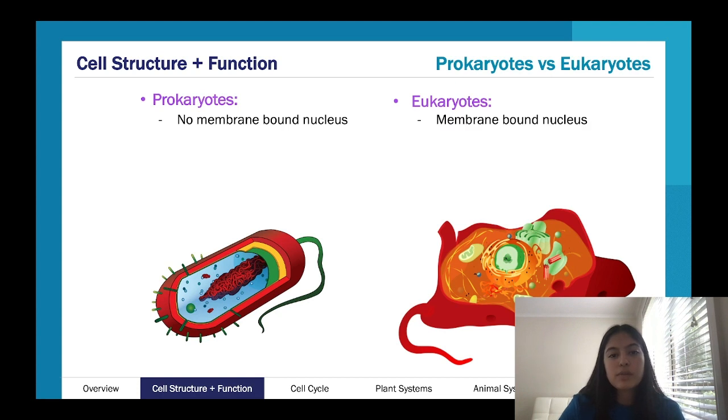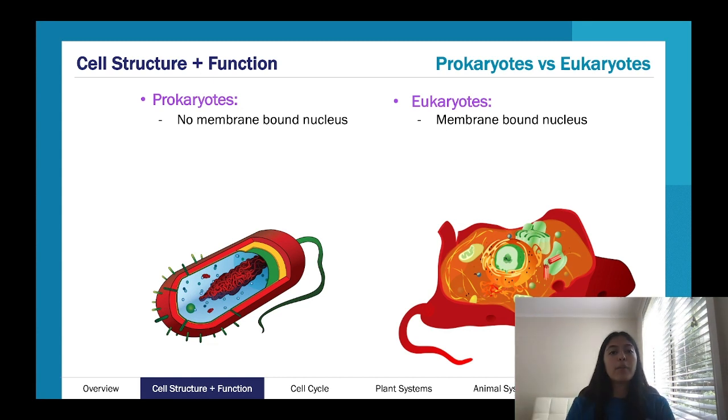In terms of some differences, we can see our prokaryotes on the left and our eukaryotes on the right. Generally, and I want to say generally, don't think of it strictly like this, but I like to use examples. I often think of bacteria as our typical example of a prokaryote, and an animal cell as our typical example of a eukaryote.